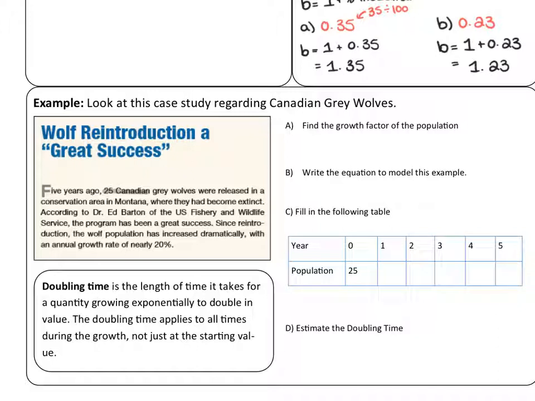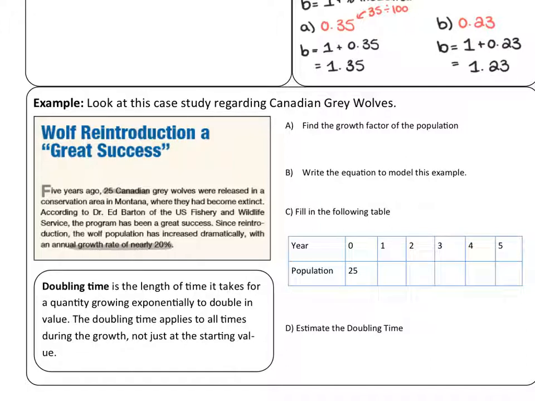If you read further, the wolf population increased dramatically with an annual growth rate of 20%. Notice that in this example, it's given the growth rate of 20%, but not the growth factor. So we need to find the growth factor. That brings us to our first question: find the growth factor of the population.